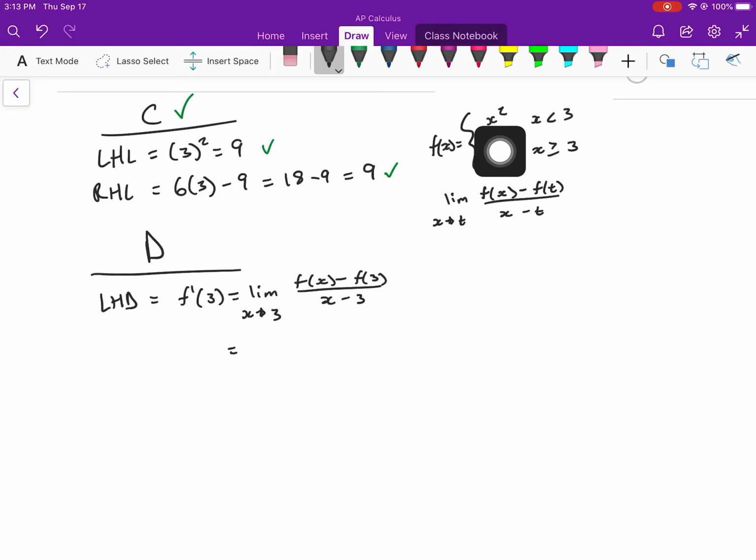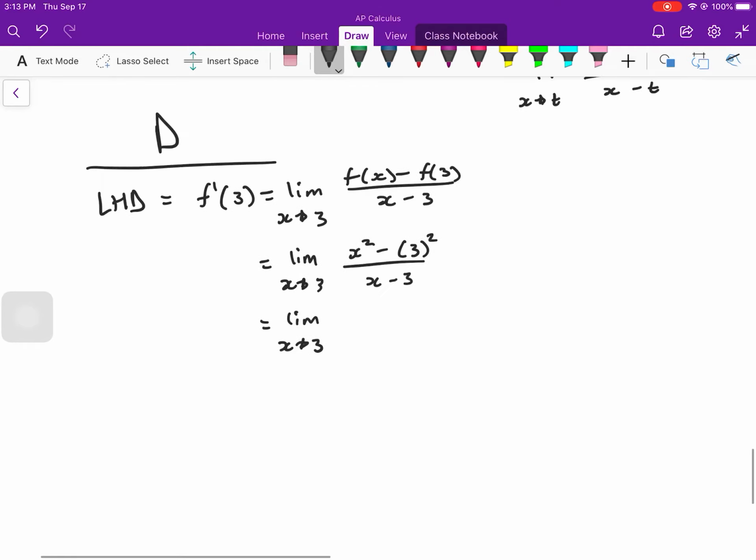And f of x, for the left-hand derivative, we're going to be using x squared. So we'll have x squared minus 3 squared. So that's x squared minus 9 over x minus 3.